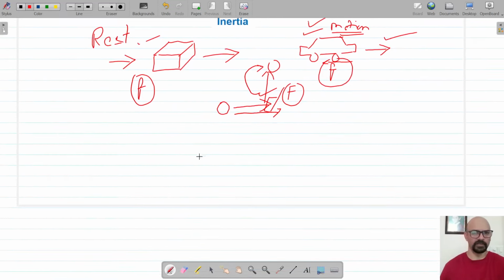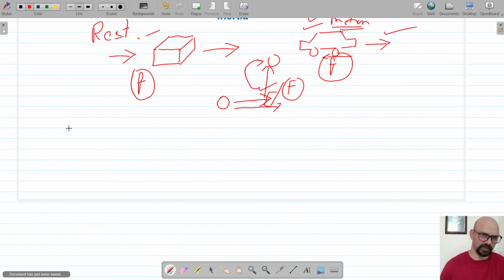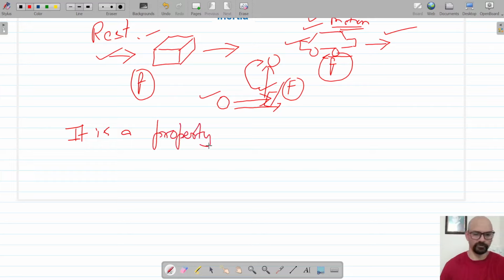So what we have learned here is that in all these cases there is a property which is called inertia. Inertia is a property which is inherent in all those objects.